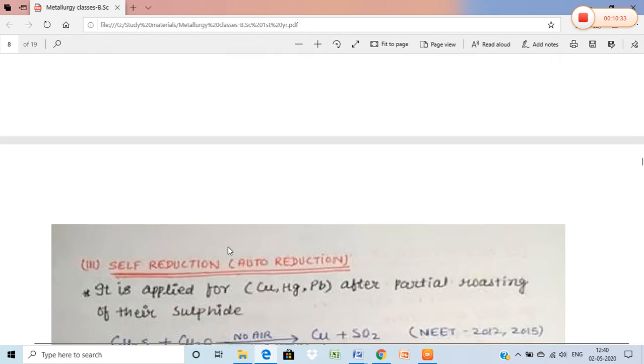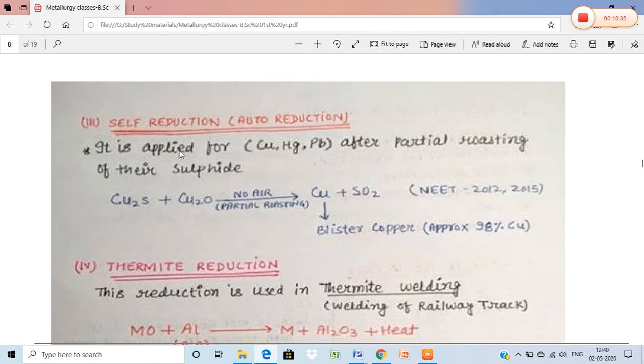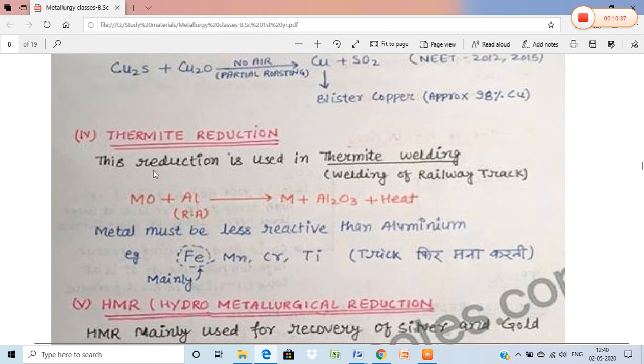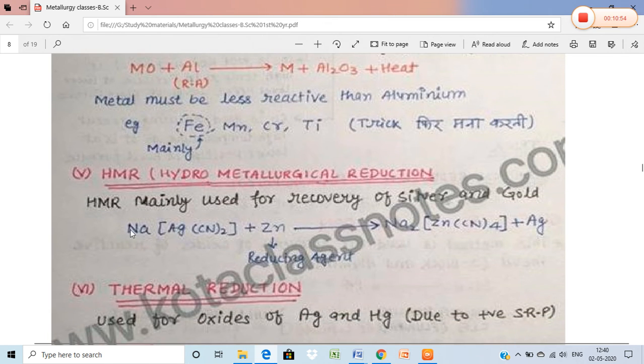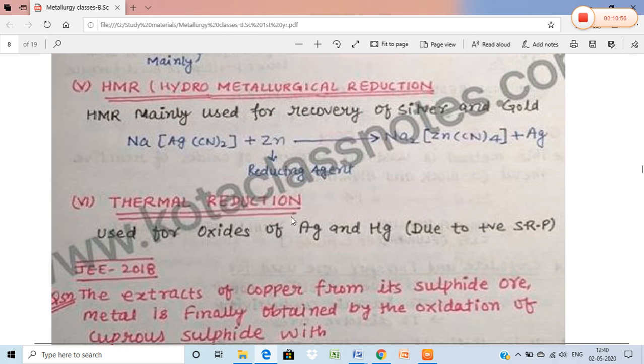All of these are the reduction processes which we follow. This is thermite reduction, used for example in the welding of railway tracks. Here the metal oxide plus aluminium gives metal plus Al2O3. These are the other methods for the reduction of metal oxide to metal.